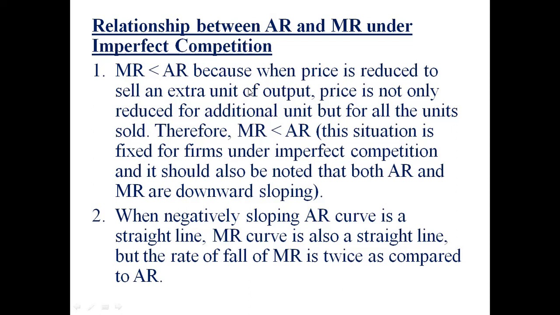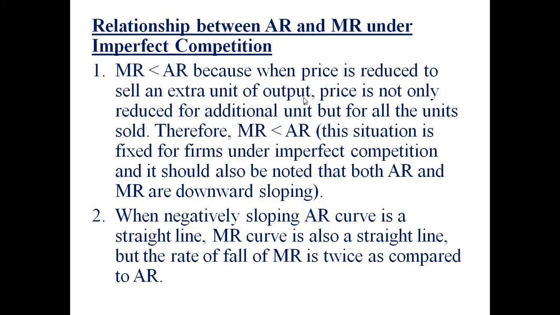Why does it happen? Because when price is reduced to sell an extra unit of output, remember that in an imperfect competition market situation, you must reduce the price level if you want to sell more and more units of output. So when the price is reduced to sell an extra unit of output, price is not only reduced for the additional unit, but for all the units that are sold.